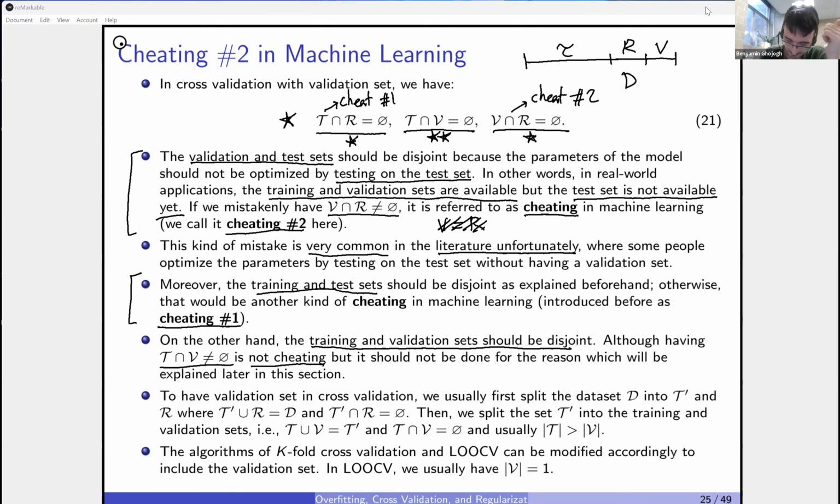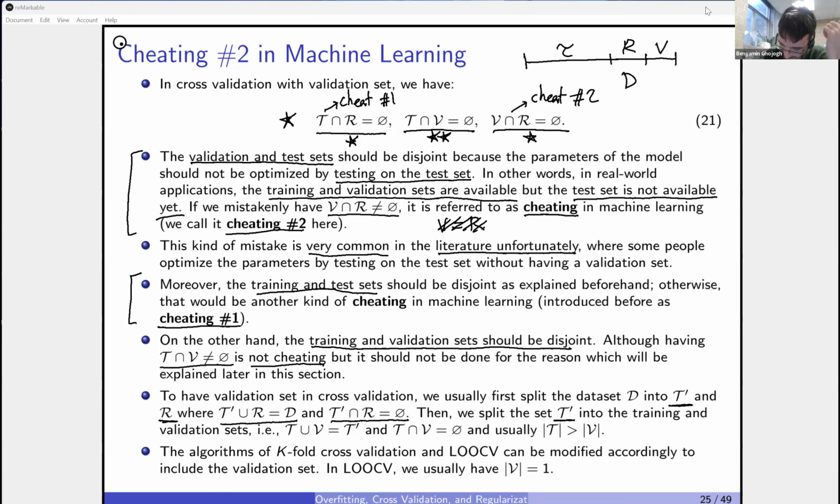Okay. Now to have a validation set in cross-validation, we usually first split the data set D into T prime and test, where T prime and test don't have intersection, but their union becomes D. Then we split the T prime into training and validation.